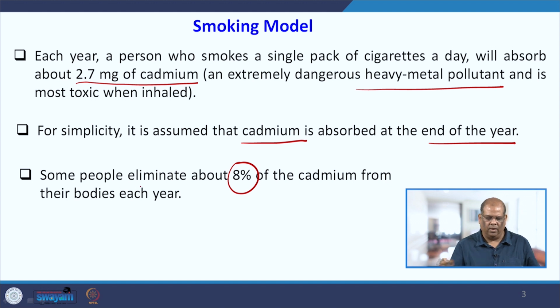Some people eliminate this cadmium from their bodies each year at the rate of 8%. It could be 6%, 7%, even 9%. It depends from person to person. So with this information, the elimination of cadmium at the rate of 8% and 2.7 mg of cadmium added every year.